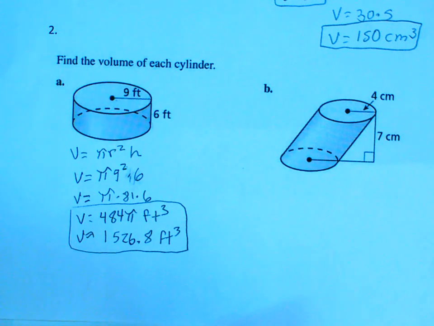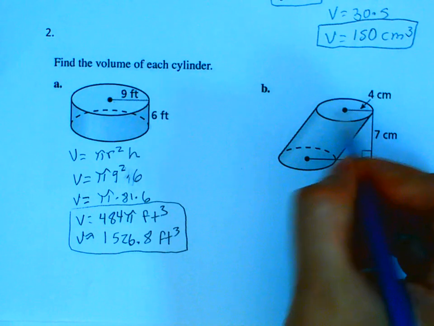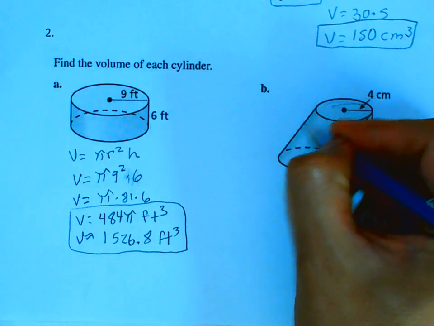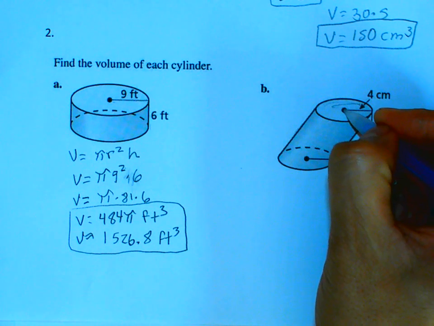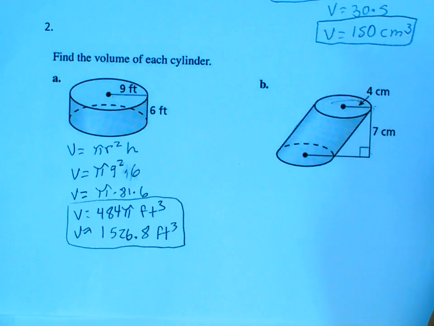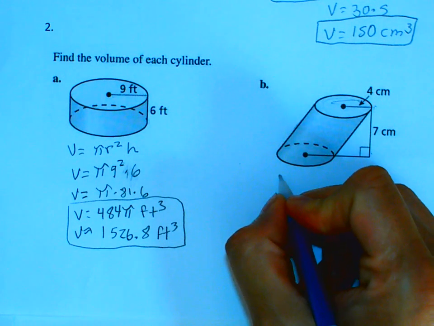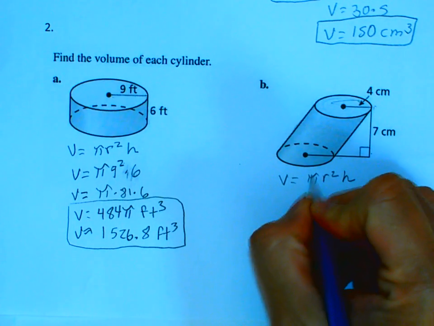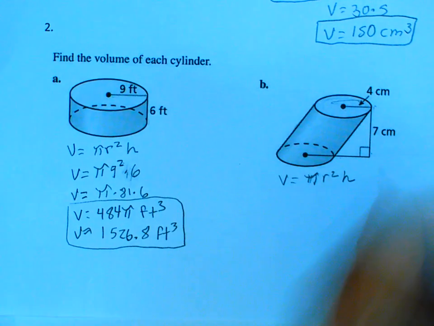Now, for part B, the area of the base will be this one, and the height is not this length right here. The height is the distance from here perpendicular to the bottom, which is actually given to us to be 7 centimeters. So the volume, pi r squared times the height.